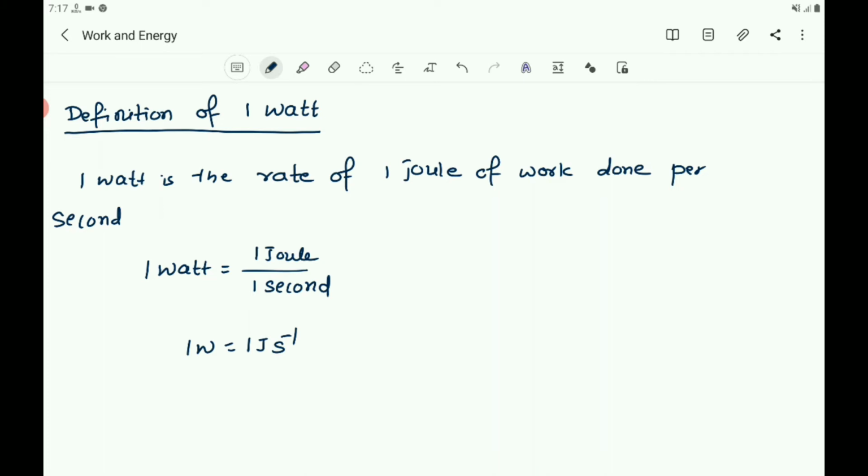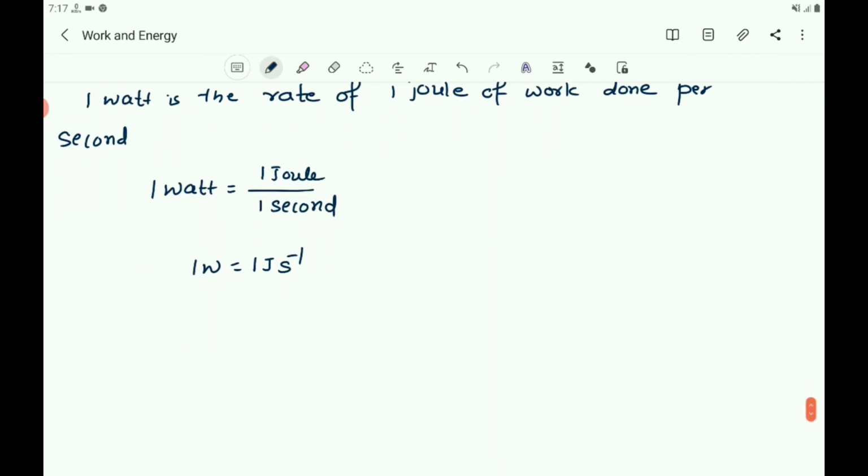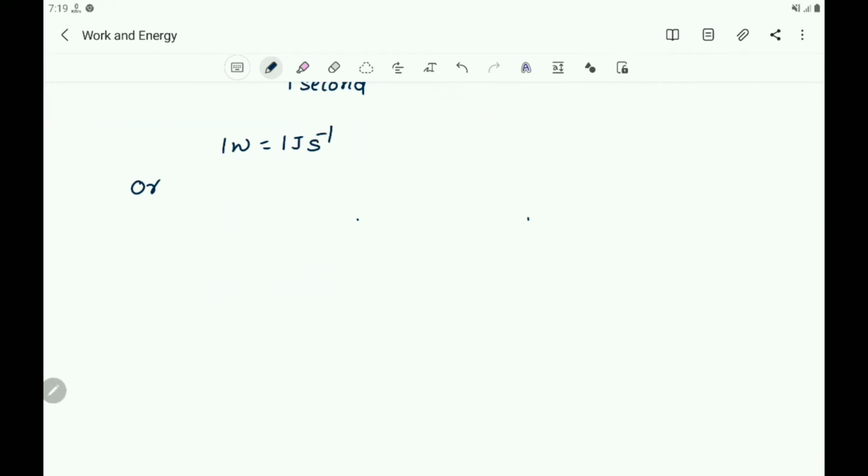So, we can also say that power is 1 watt when the rate of consumption of energy is 1 joule per second.